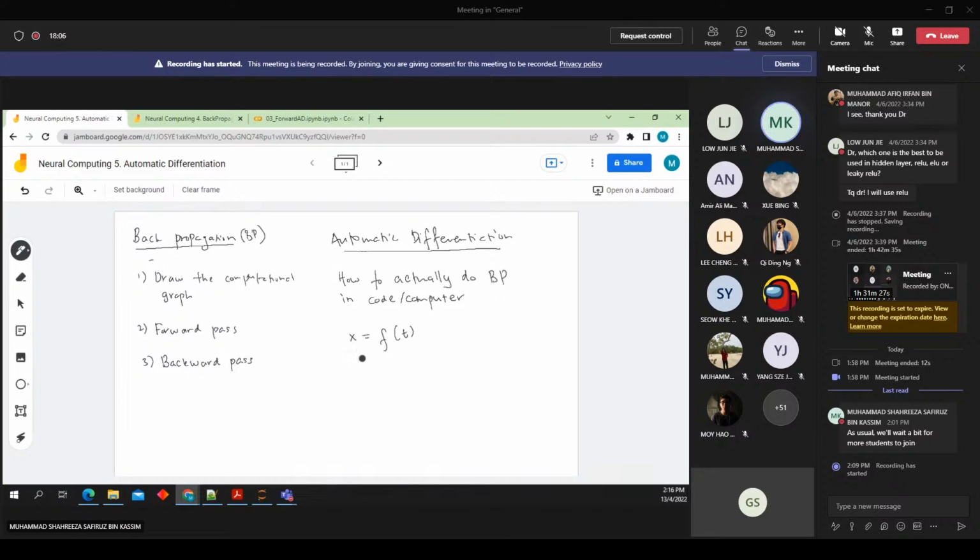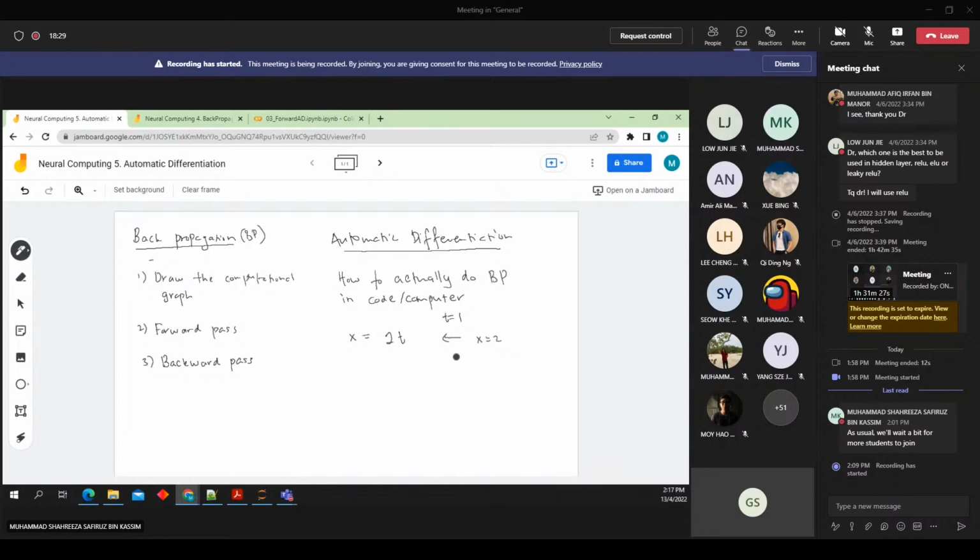And then when you compute this function, for example, just 2t. So we can compute this, if, for example, t equals 1, then x equals 2.